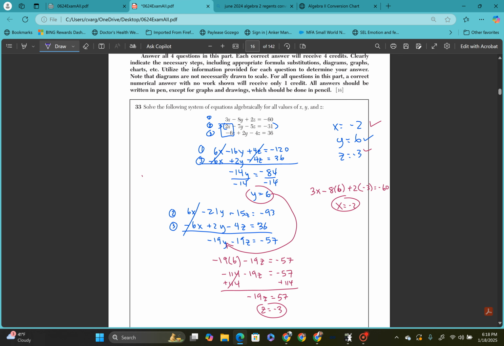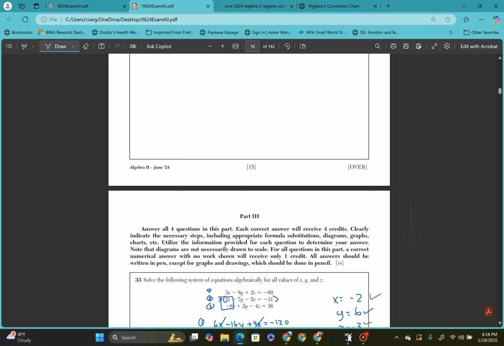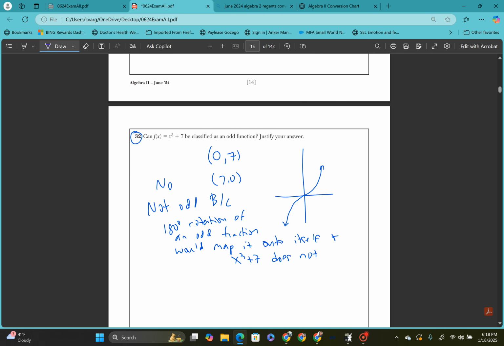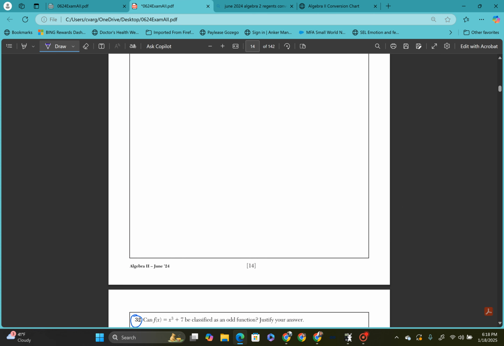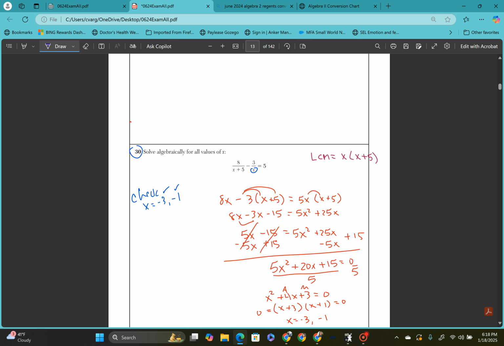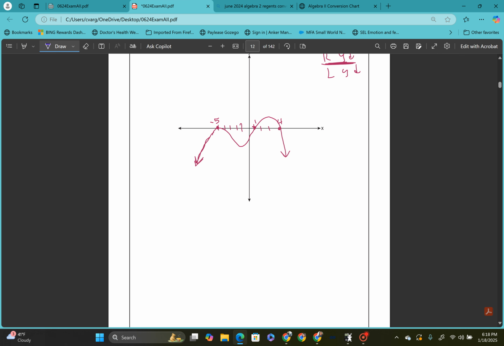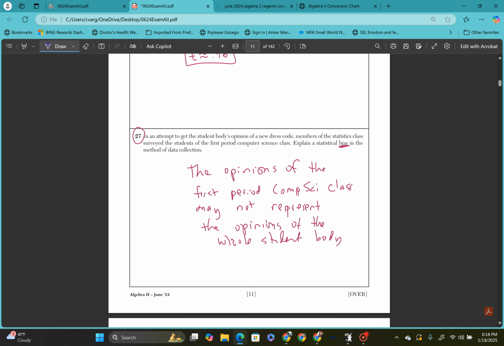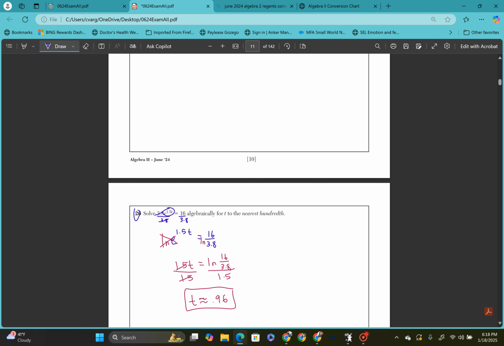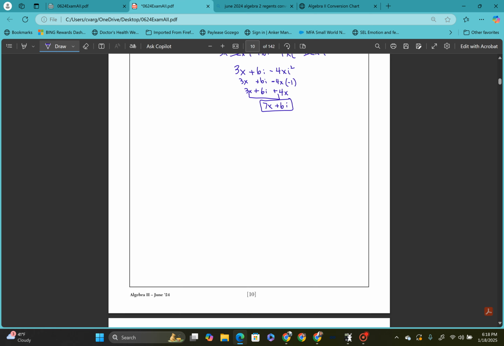Plus another 4 right here is 18. This is 2, 20, 22, 24, 26, 28, 30. So that's another 30 points.